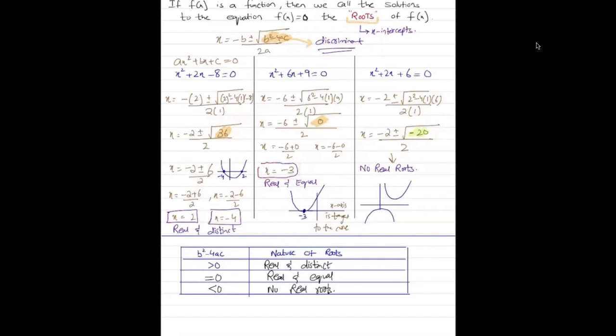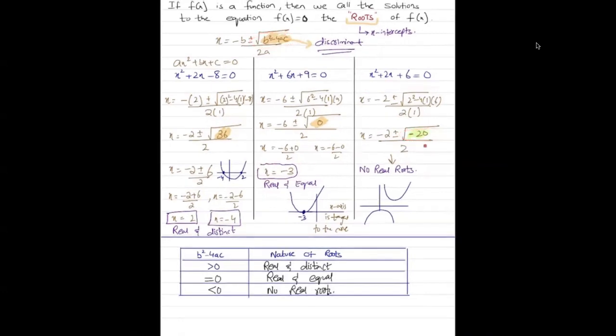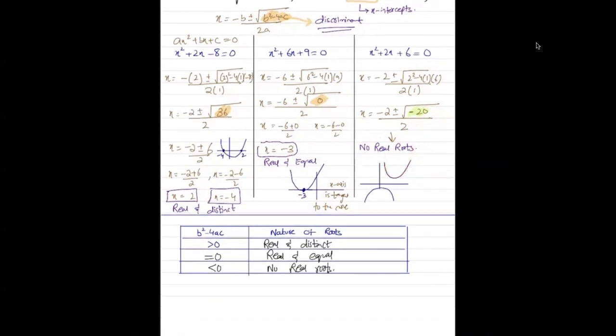And when the value of the discriminant is less than 0, let's say in this particular example, then the equation will have no real roots, and that's why we were not able to solve the equation for the values of x. Since there is no x-intercept, the curve is entirely above the x-axis. It's not touching the x-axis.